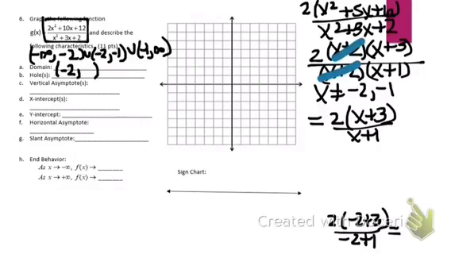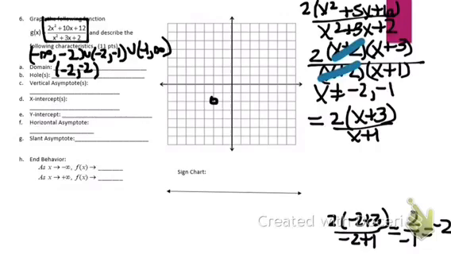Hold on, I got to do that again in my head. Yes, 2 over -1, since -2 plus 1 is -1. So it'll give me -2. So my hole is at the point (-2, -2). I'm going to go ahead and put that on my graph. So about right here. This is so hard to draw small, but I'm doing my best here, people.